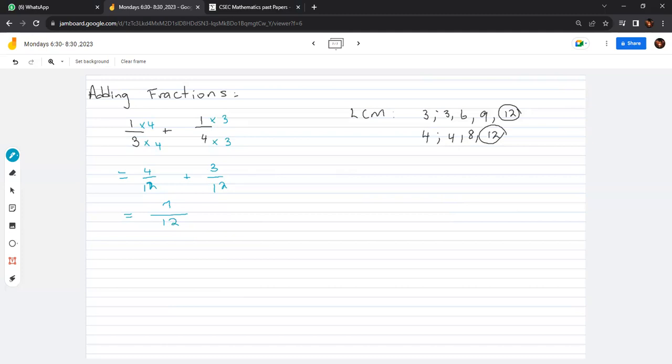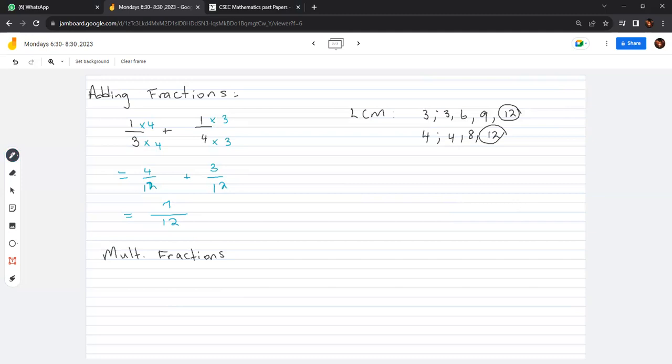Next up, we have multiplying fractions. Right, so we're going to look at multiplying fractions.